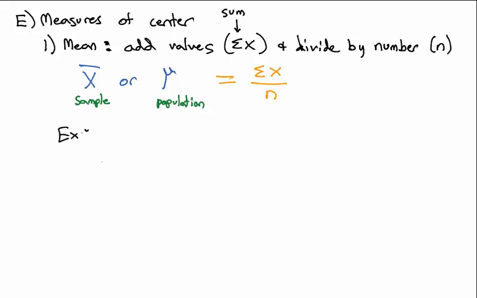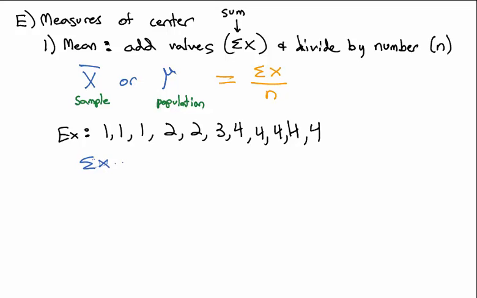So for example, let's say the values are 1, 1, 1, 2, 2, 3, 4, 4, 4, 4, 4. When we add them all up, when we get the sum of all the values on our calculator, that's 1 plus 1 plus 1 plus 2 plus 2 plus 3 plus 4 plus 4 plus 4 plus 4 plus 4.